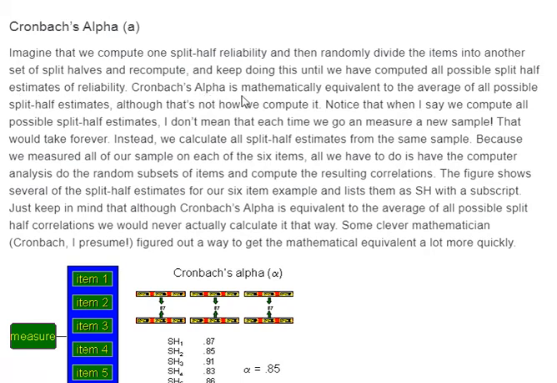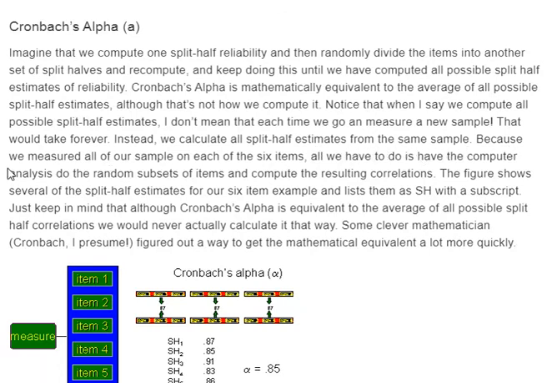Cronbach's alpha is mathematically equivalent to the average of all possible split half estimates, although that's not how we compute it. Notice that when I say we compute all possible split half estimates, I don't mean that each time we go and measure a new sample, that would take forever. Instead, we calculate all split half estimates from the same sample.